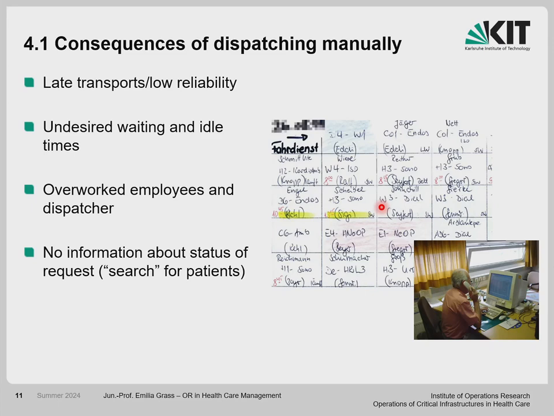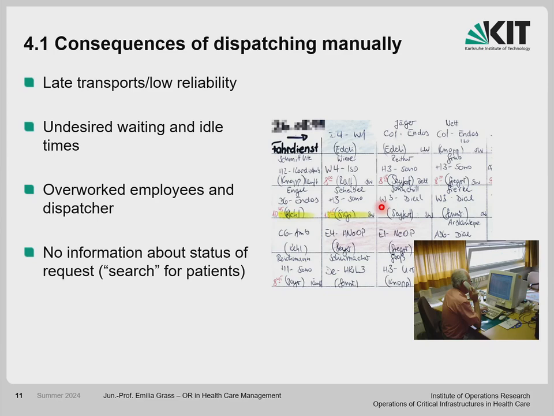And then what was also observed is that sometimes they cancel appointments. So someone is calling and says, okay, I will cancel that, we don't need the transport anymore. And then a few minutes later they call and say, it's urgent, we need the transport right now. So this happens across cancellation and urgent requests.